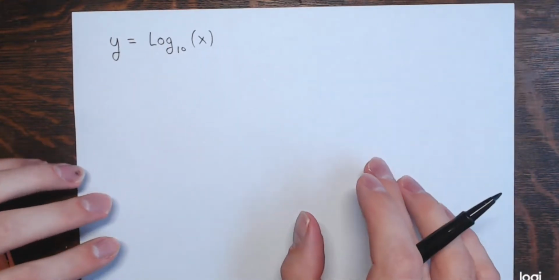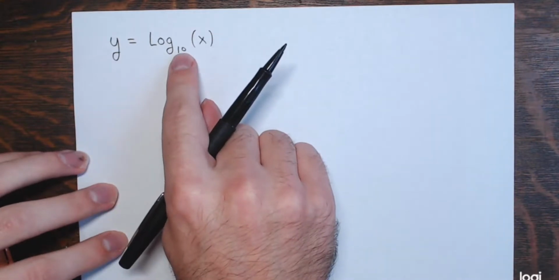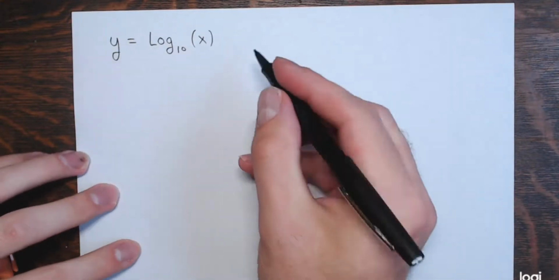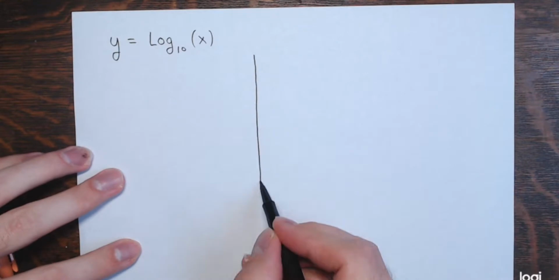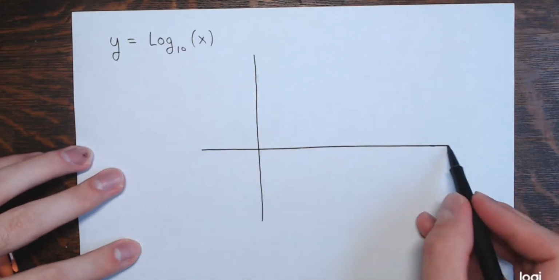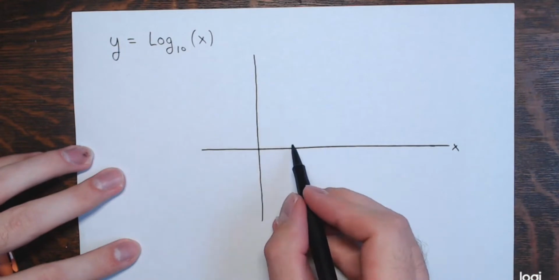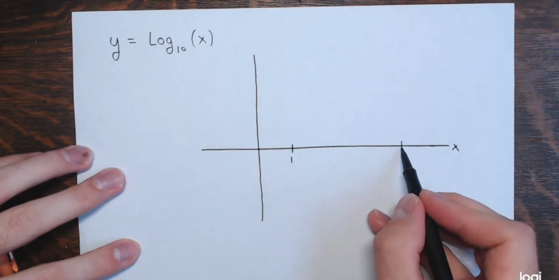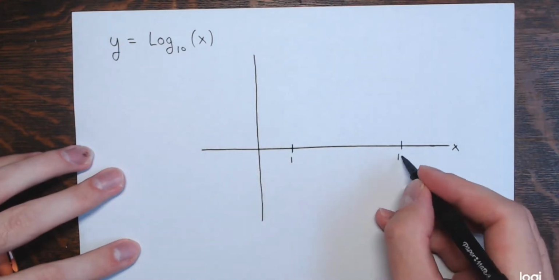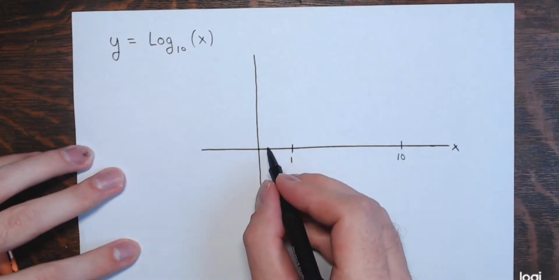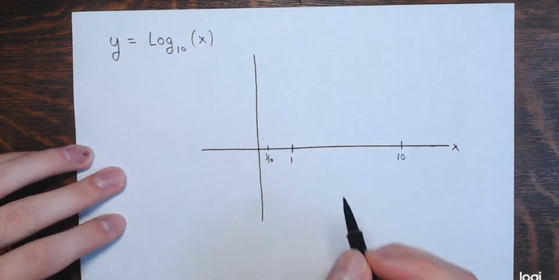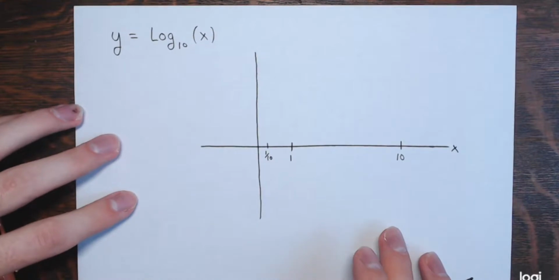If they don't write the base, you just assume it's 10. Alright, well, remember how I graphed earlier. My input, since this is log base 10, I'm just going to plug in powers of 10. So 1, 10, and 1/10. I'll start off with these, and those are usually pretty easy. 1, 10, and 1/10.